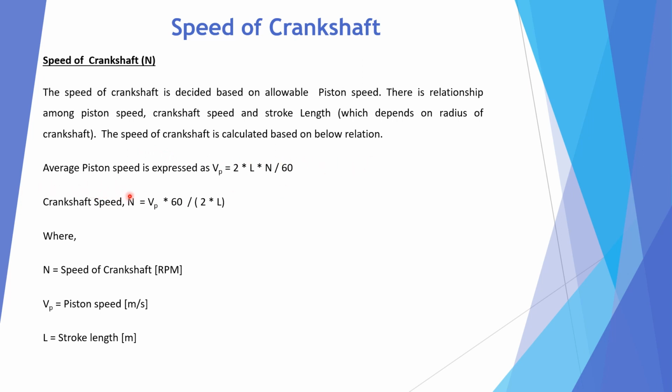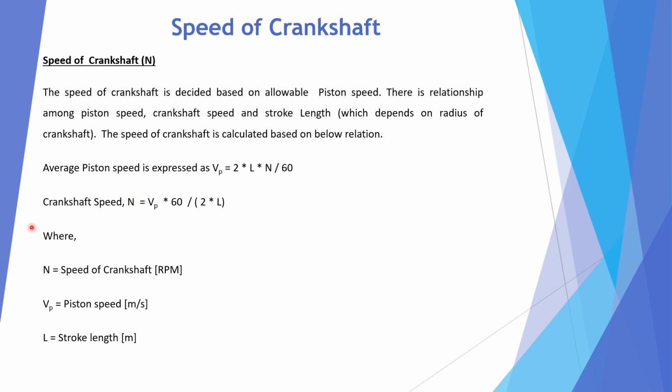So average piston speed is expressed as Vp is equal to 2 into L into N upon 60. So crankshaft speed N is equal to Vp into 60 upon bracket start 2 into L bracket close, where N is the speed of crankshaft in RPM, Vp is the piston speed in meter per second, and L is the stroke length.